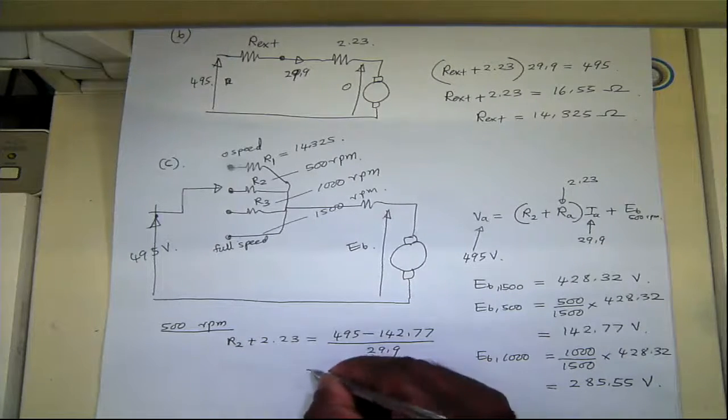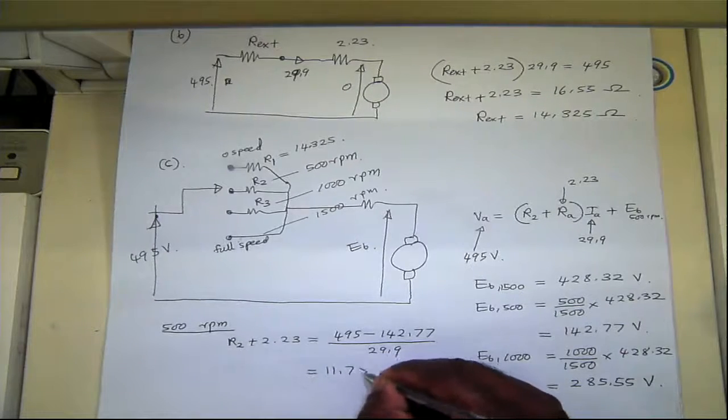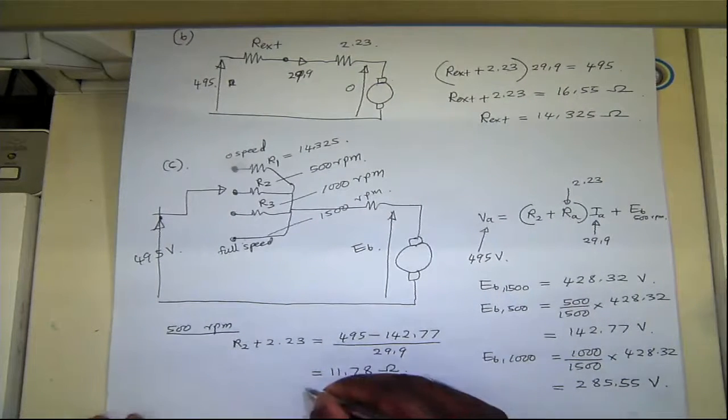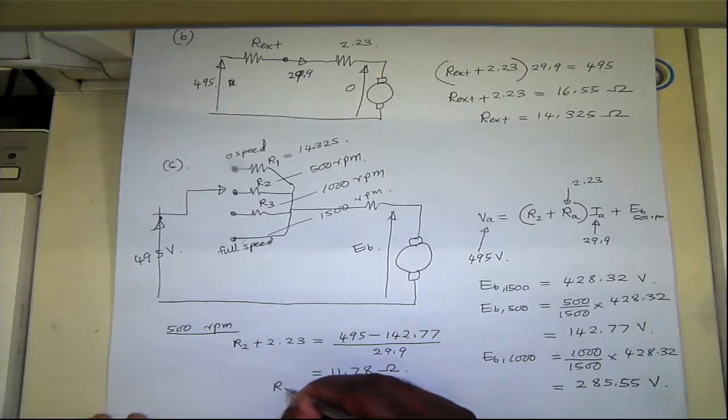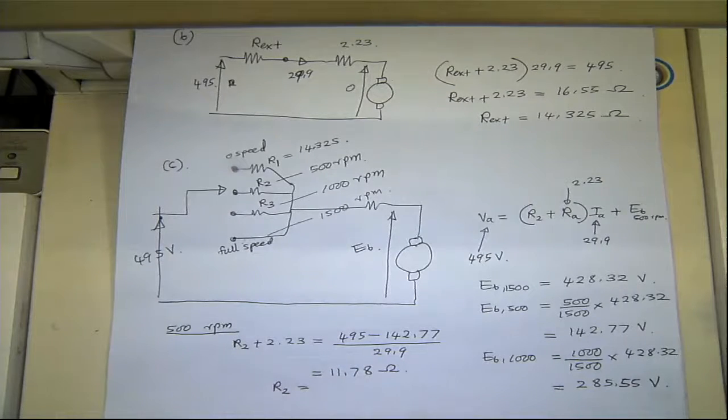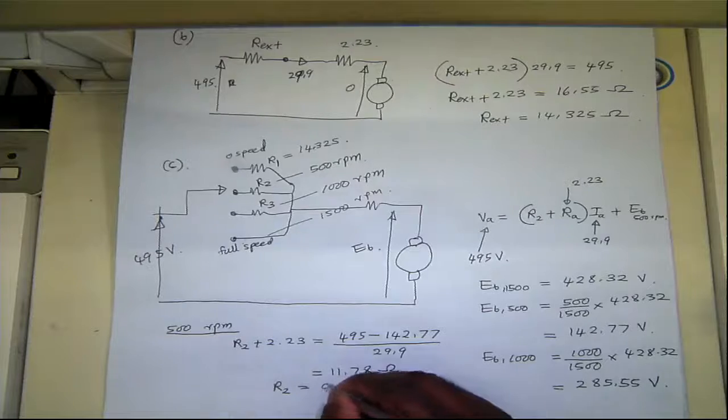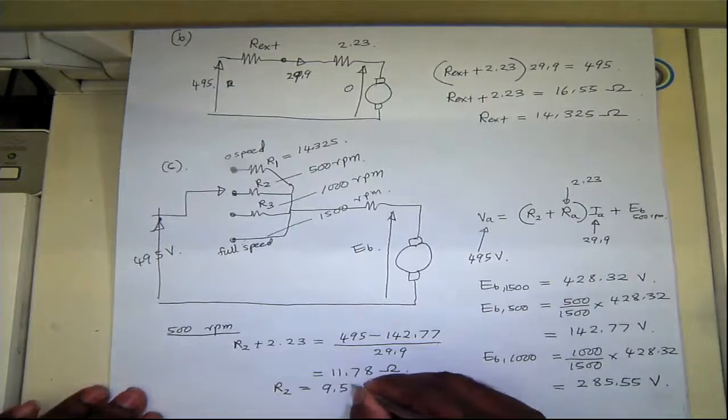This turns out to be 11.78 ohm, and R2 will be this minus 2.23, which gives you 9.55 ohm.